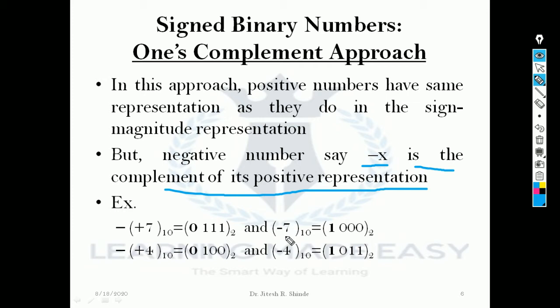Minus 7 is the one's complement of plus 7. In a simple way, minus 7 is the one's complement of plus 7.